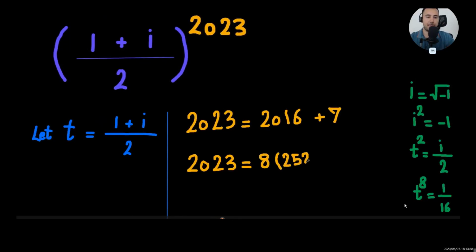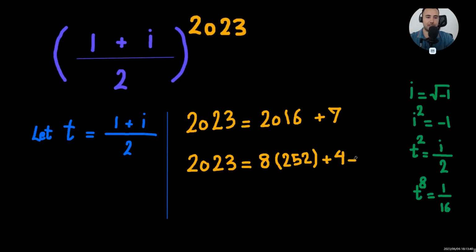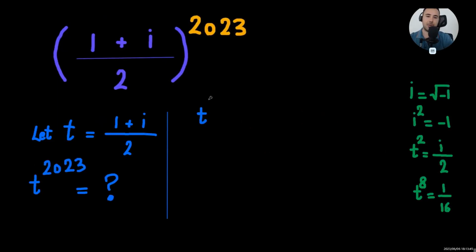And then we're going to use this number. So t to the power of 2023, I'm going to separate into t to the power of 2016 times t to the seventh power, and we're going to write this.